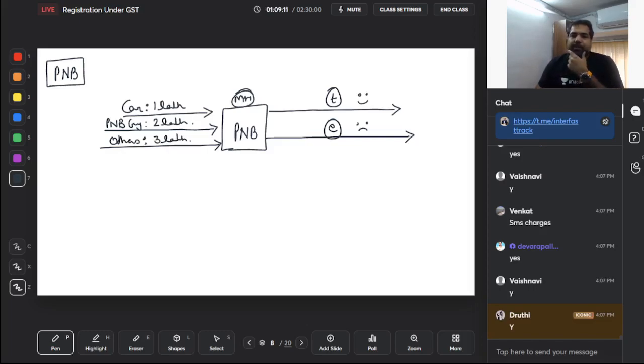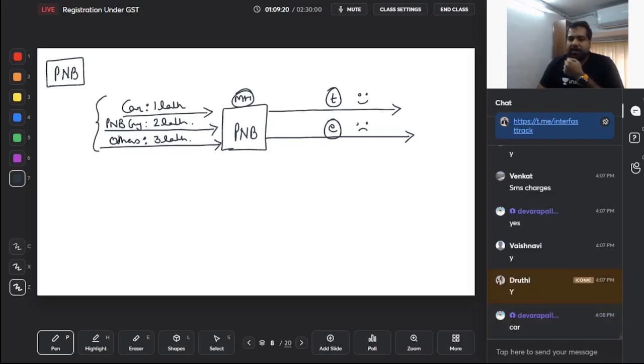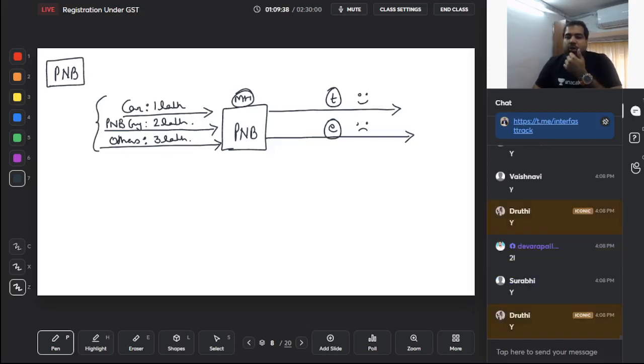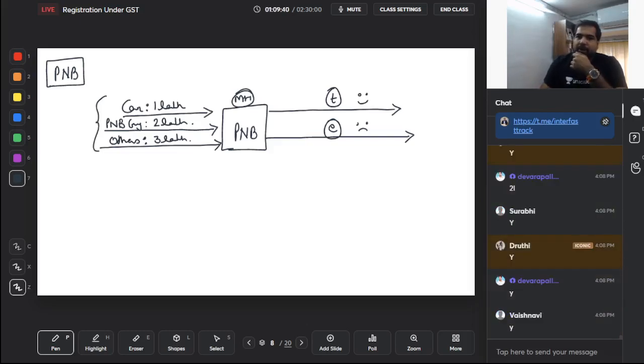Now guys, please tell me, out of this, do you see something which is blocked? Yes, the car is blocked. Do you see something which is coming from a deemed distinct person? Yes, 2 lakh is coming from a deemed distinct person. And guys, do you see others which is common use for taxable as well as exempt supply? Yes.